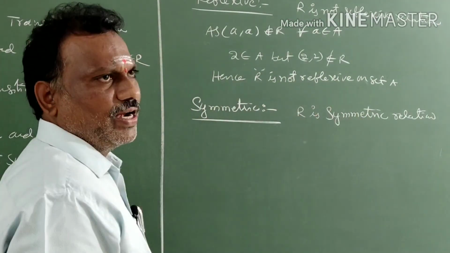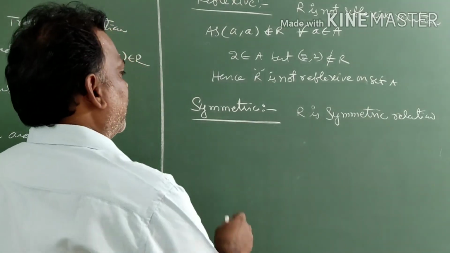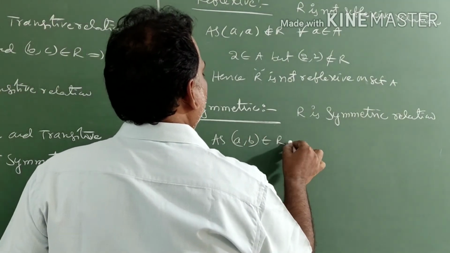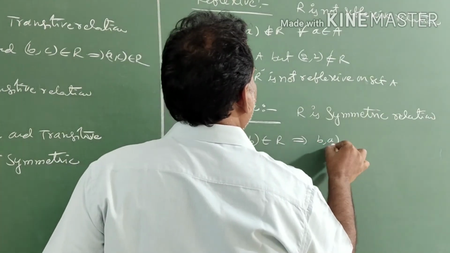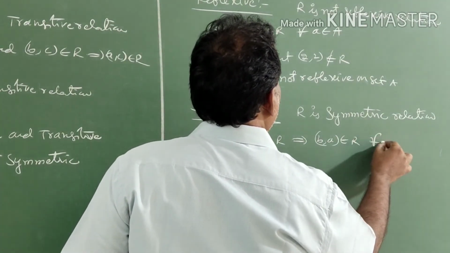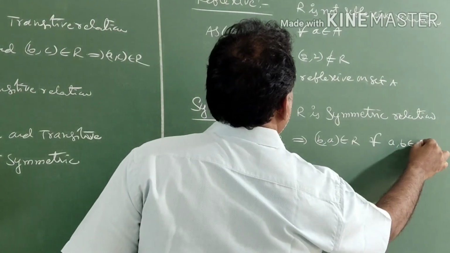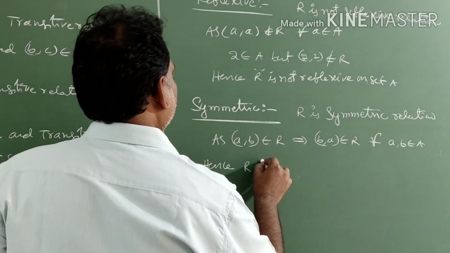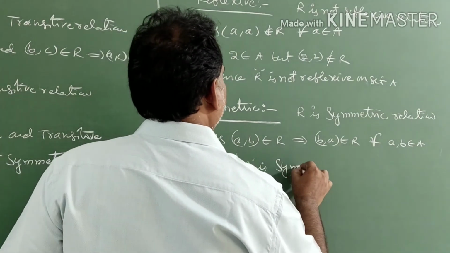So it is a symmetric relation. You have to give the definition: as AB belongs to R, that implies BA belongs to R, for all a, b belonging to set A. Hence, R is a symmetric relation.